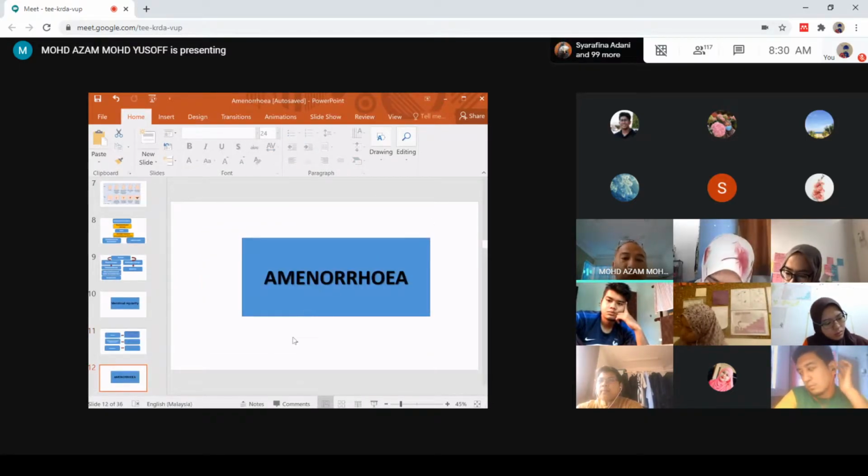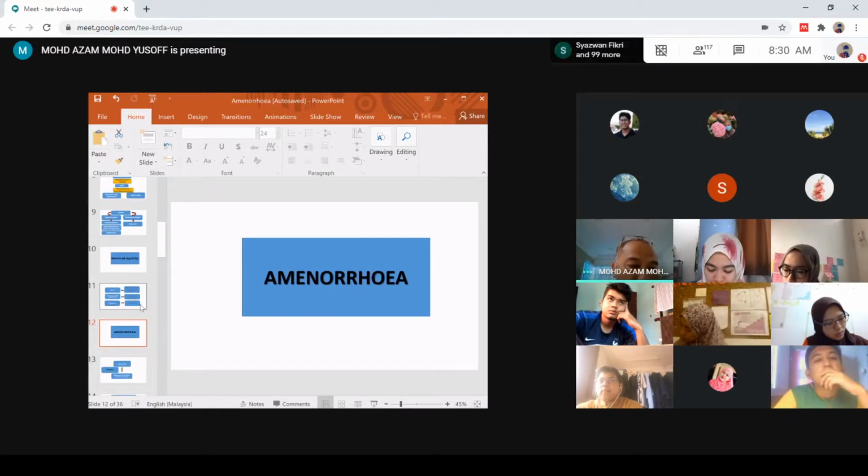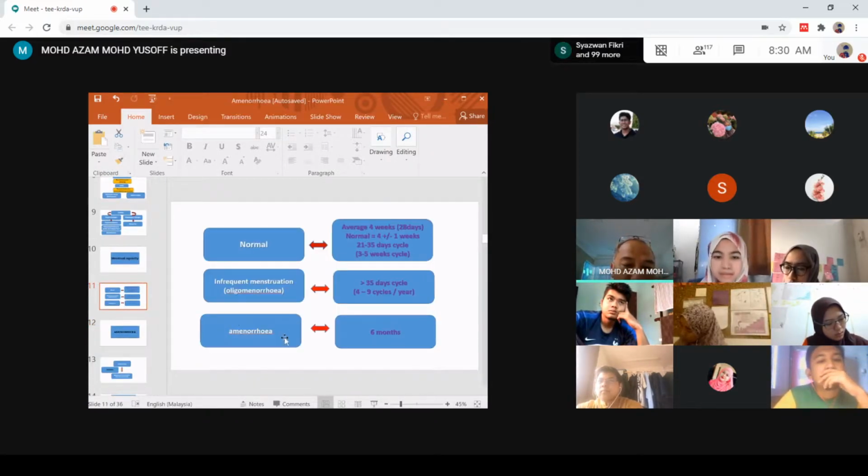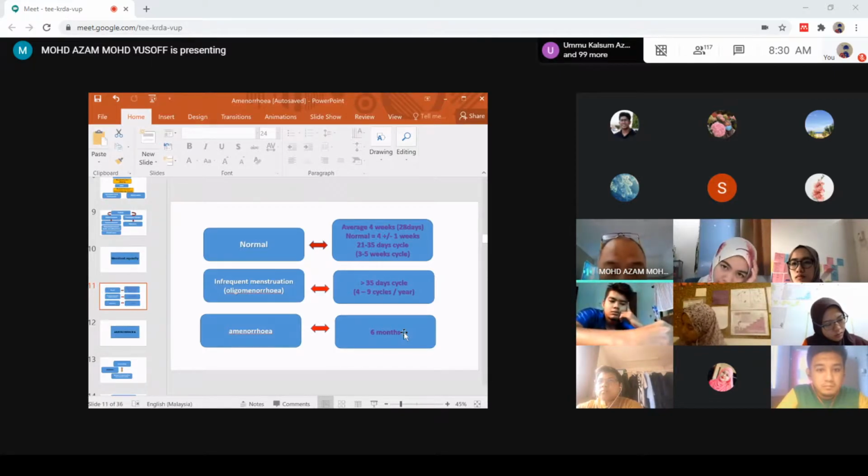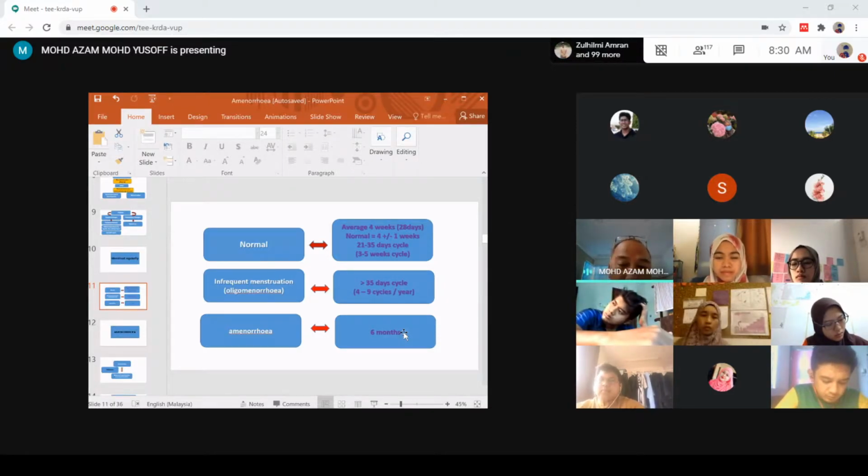So we go to amenorrhea then. Amenorrhea, just now, is no menses for 6 months, isn't it? No menses for 6 months is amenorrhea. Let's say the patient has a menstrual cycle every 3 months, still not amenorrhea. Patient has a menstrual cycle of 4 months, still not amenorrhea. When they reach 6 months, then we call it amenorrhea.